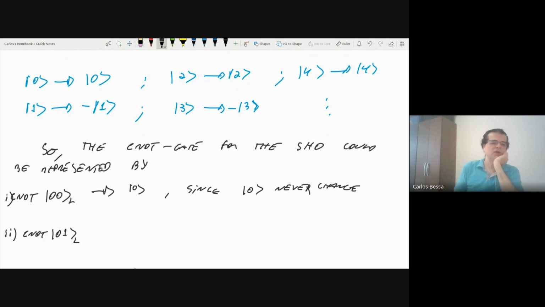It will always be 0 with 1, right? Every time the control is 0, it never changes these states here. So the equivalent could not be 1, because 1 changes with time, it changes the sign of the eigenvalues. So the next would be 2. So 2 would have the same logic as this one, since 2 never changes.